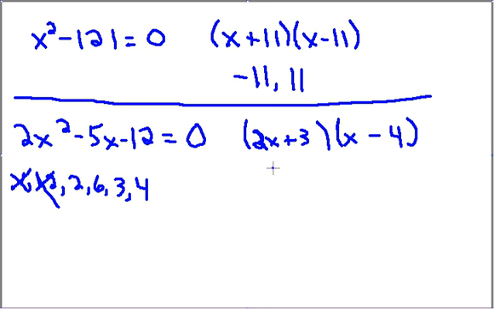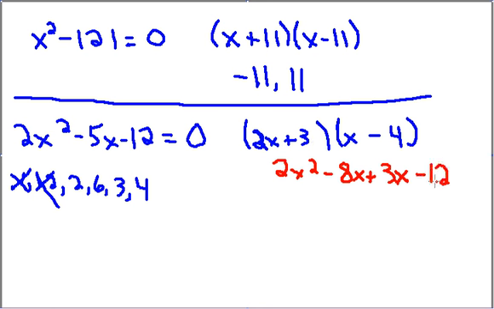And what we can now do to verify that this factorization is accurate is just multiply it out. 2 times x is 2x squared. 2x times a minus 4 is a minus 8x. The positive 3 times x is a plus 3x. And then lastly, our positive 3 times our negative 4 is a minus 12.